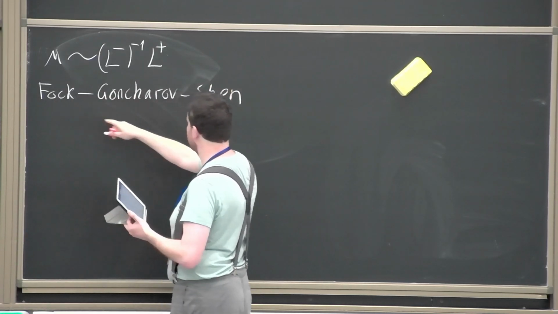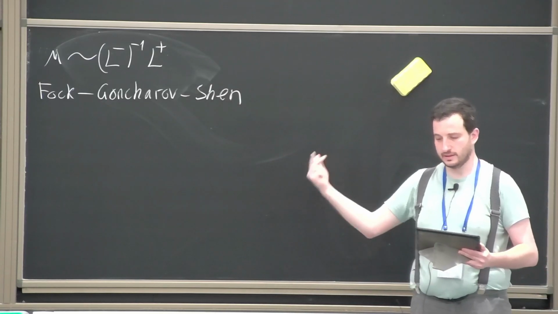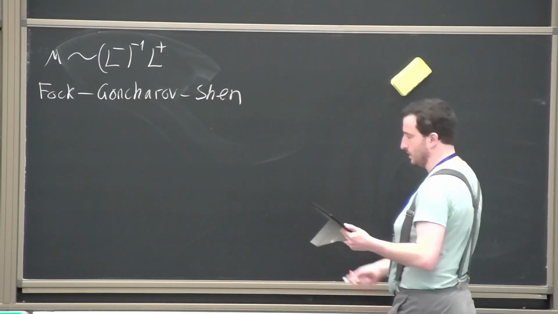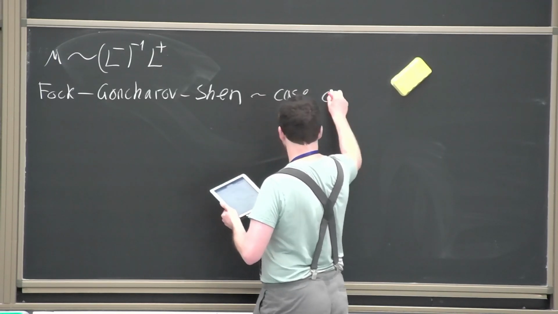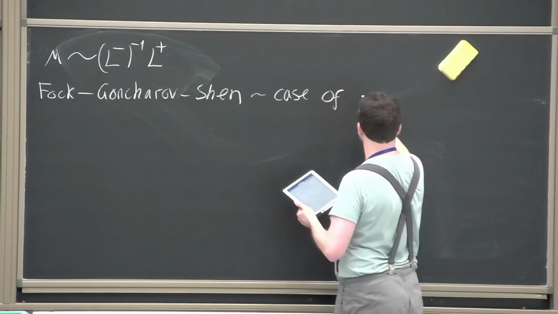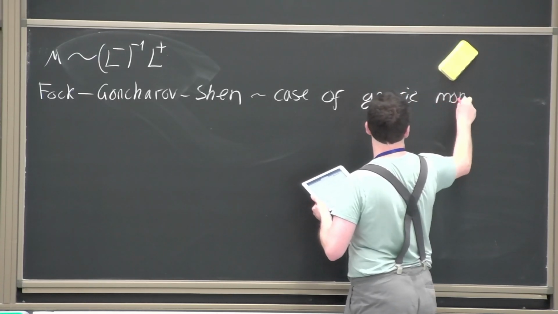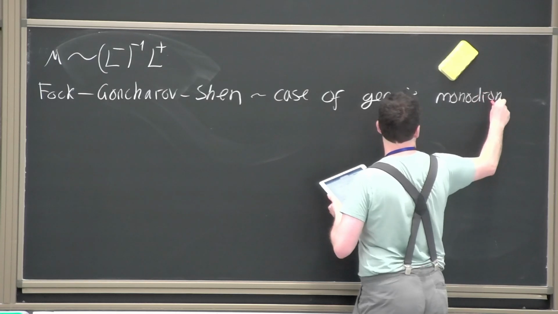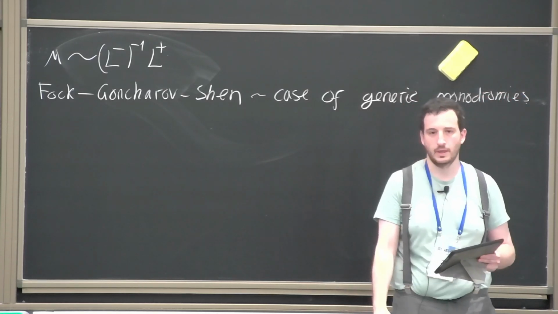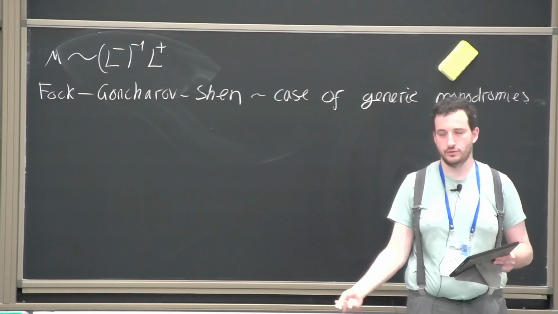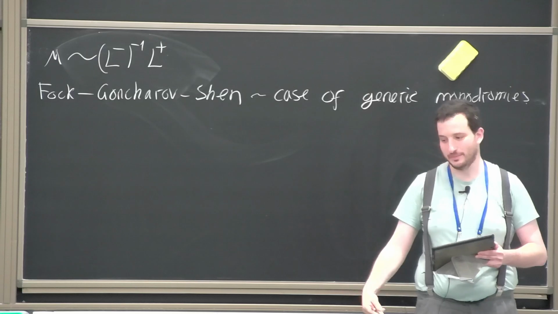There are several papers by subsets of this list of authors that construct a cluster structure for any S, in particular for this S, but this is for the case of generic monodromies. Generic local systems.